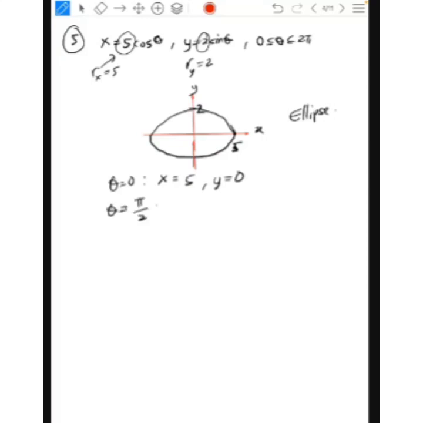Let's say I choose theta equals pi over 2, because just now we saw that when we used pi, it goes straight to the other side. So x will be equal to 0, and then y will be equal to 2. So it's from here, 5, 0, which is theta equals 0, and then it goes to here, theta equals pi over 2. So you have a counterclockwise orientation.